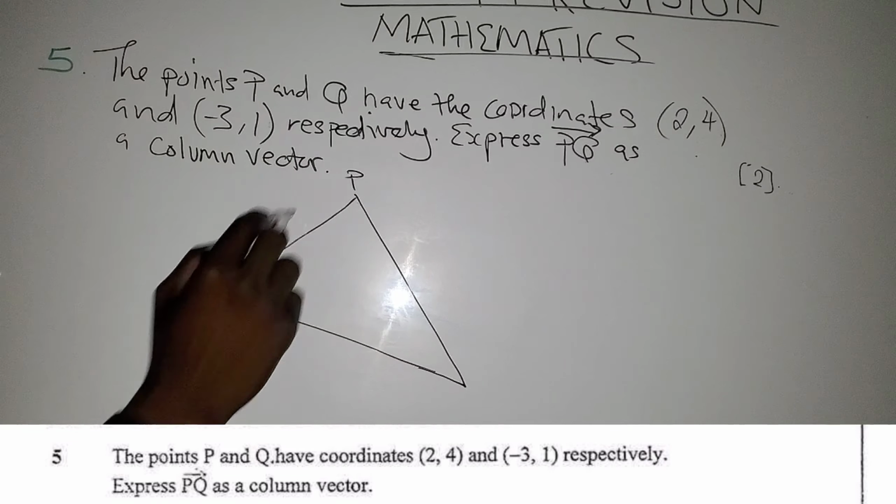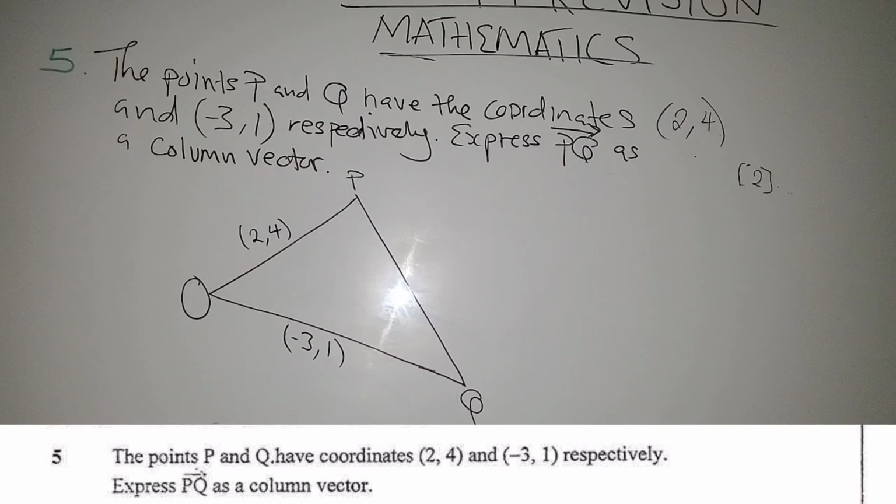So they're saying the point P is 2, 4. So here you have 2, 4 from O to P, then OQ is -3, 1. Then they're asking us to find PQ.